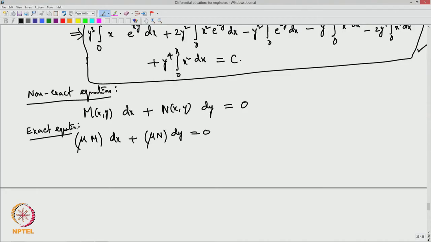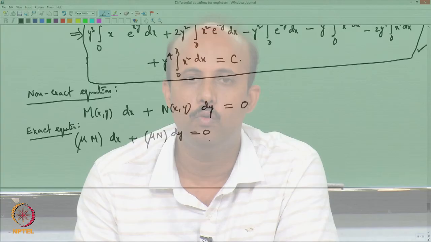I multiply some mu of x, y, so that this equation after multiplying both sides with mu is now the second equation. When you multiply by mu, this is what it becomes. Now, this is exact, you want this to be exact, such a mu I want.